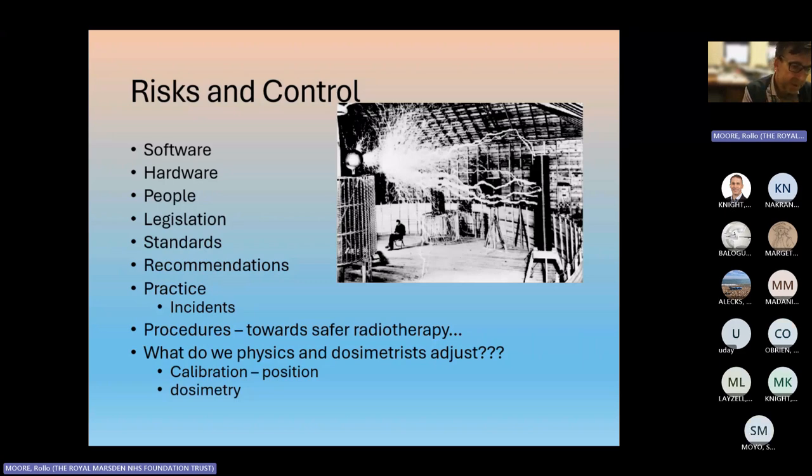But to summarize what the physicists and the dosimetrists do, and what indeed we adjust as part of our LINAC QC, we adjust and calibrate the position of the radiotherapy and the amount of radiotherapy. And we call this the dosimetry.